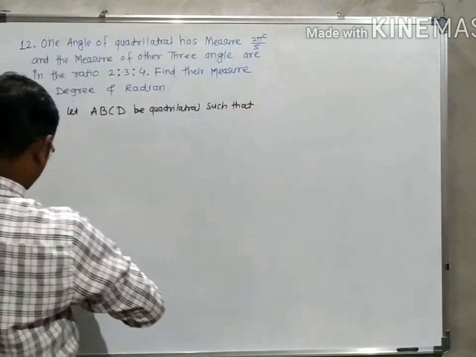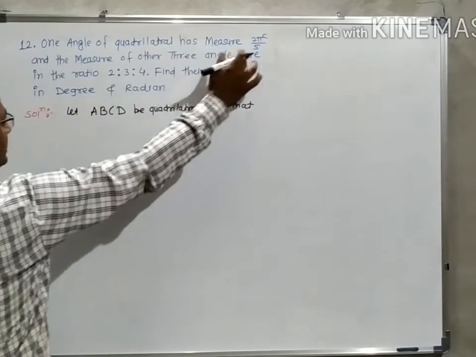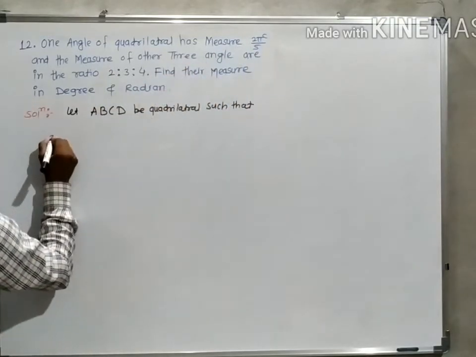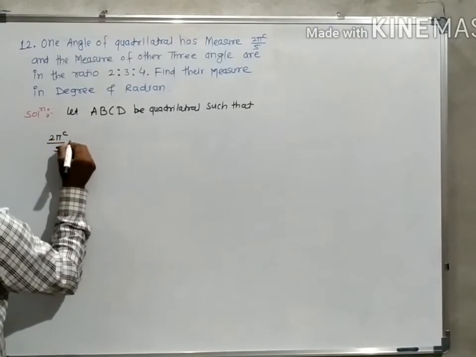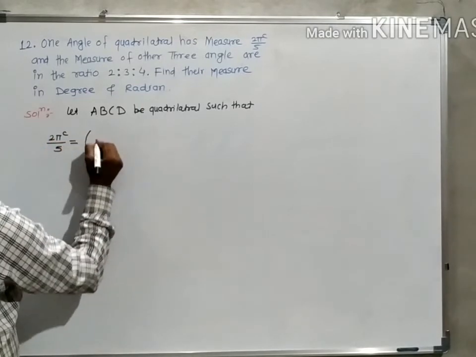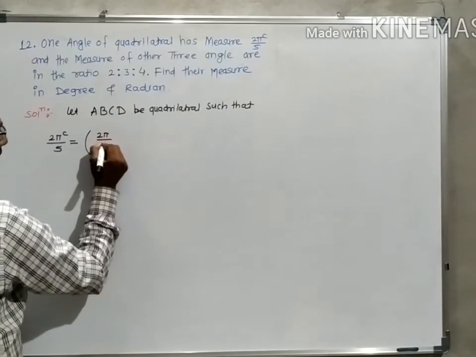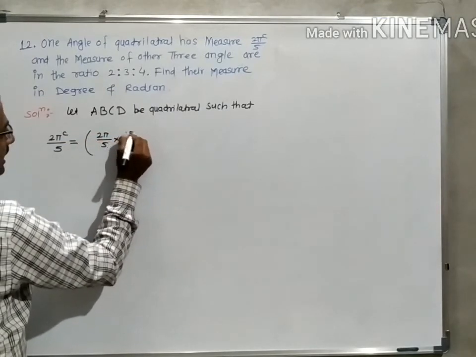So this is the first angle. The first angle is 2 pi radian upon 5, and to convert it into degrees, we multiply by 180 upon pi.